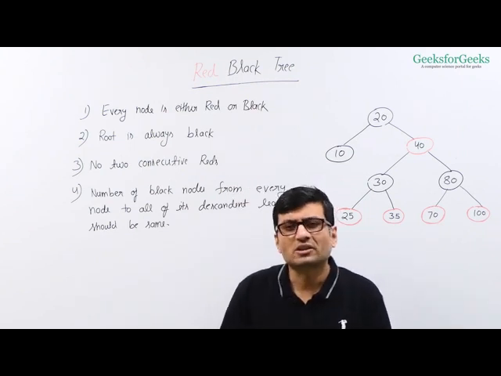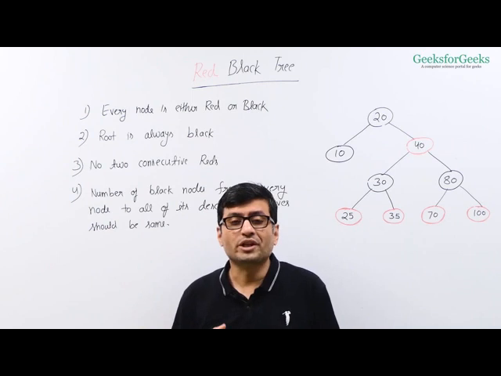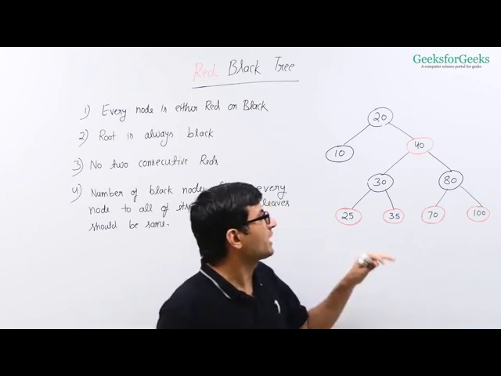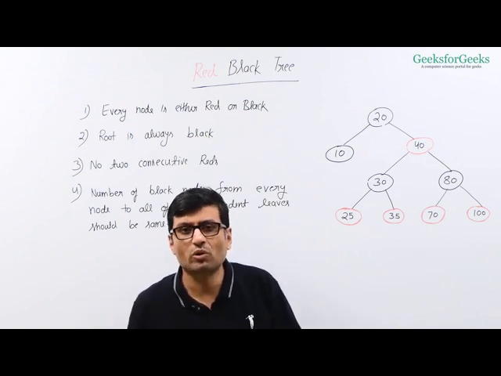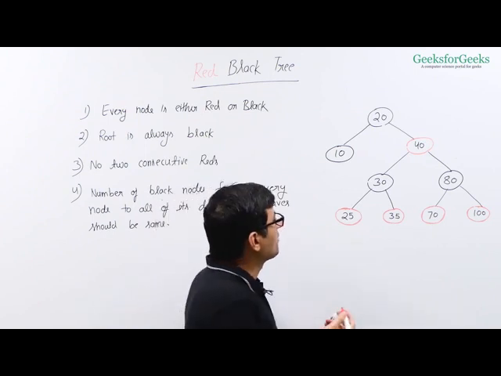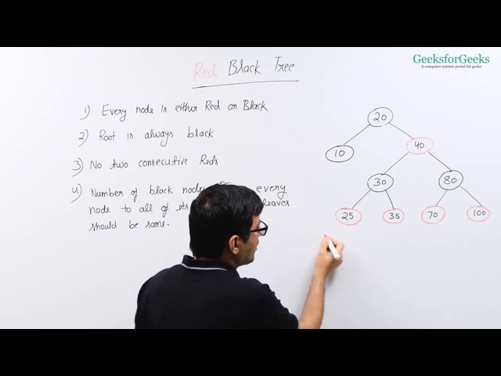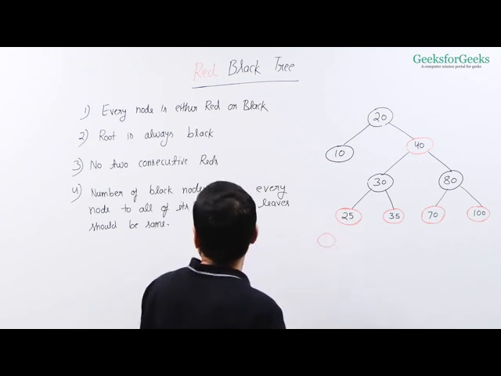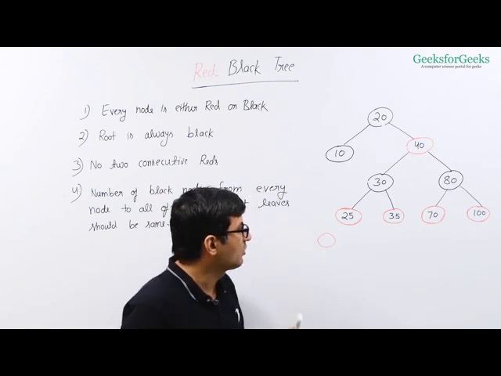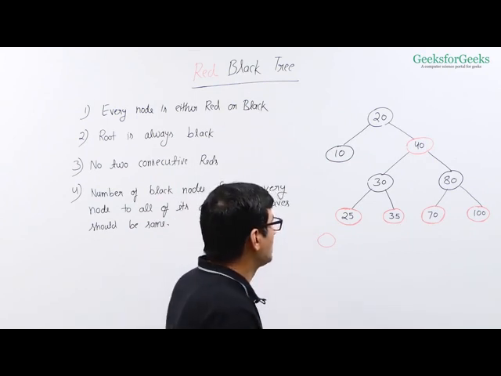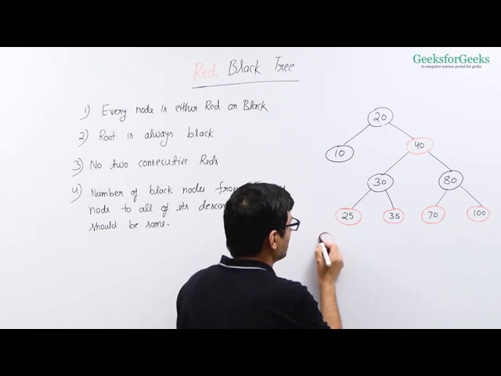Now if we combine third and fourth conditions, we can notice that this is maximum unbalanced red-black tree. We cannot make it more unbalanced. For example, if I add a red node, the third property will violate, which says that no consecutive reds. And if I try to add a black node, then the fourth property will violate.